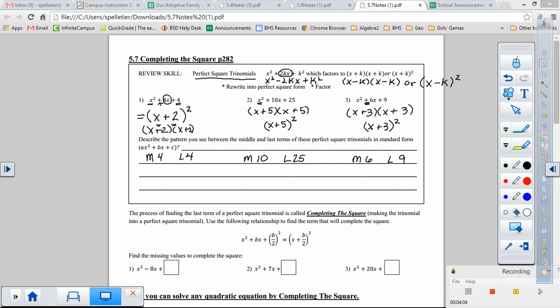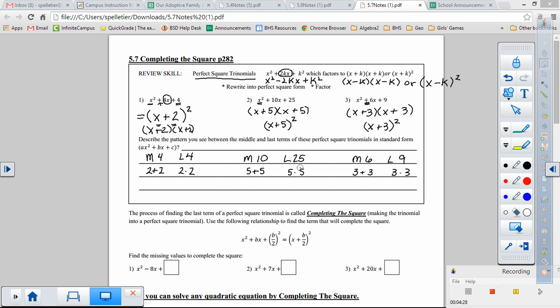I'm hoping that you're recognizing that this is 2 plus 2, and that this is 2 times 2, and that this is 5 plus 5, and that this is 5 times 5, and that this is 3 plus 3, and that this is 3 times 3. So there's a relationship happening here.